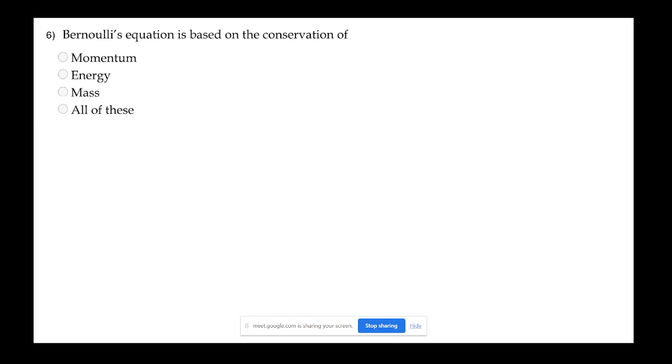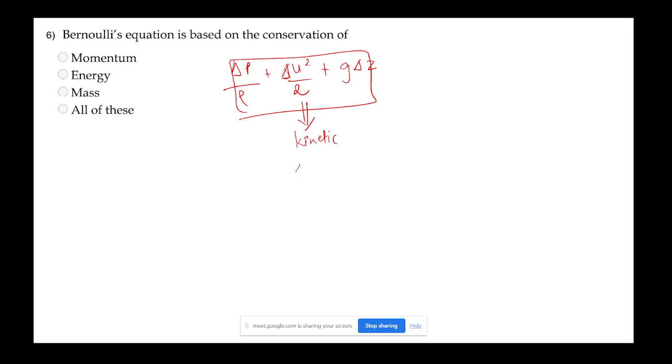Next question: Bernoulli's equation is based on the conservation of what? Here, if we look into the equation, this term represents the energy corresponding to the kinetic energy of the fluid.